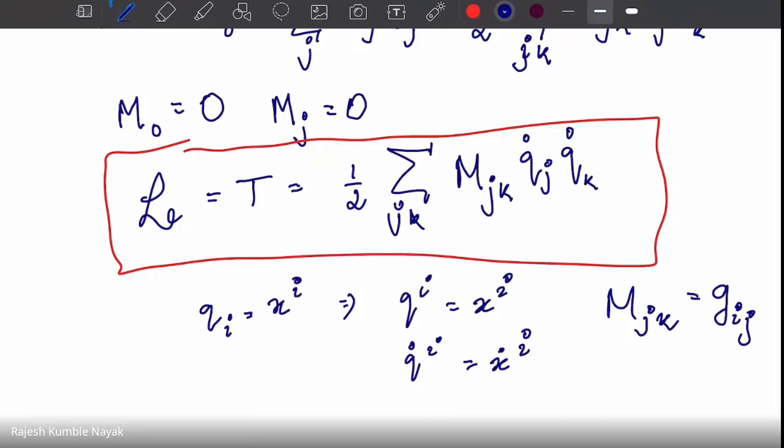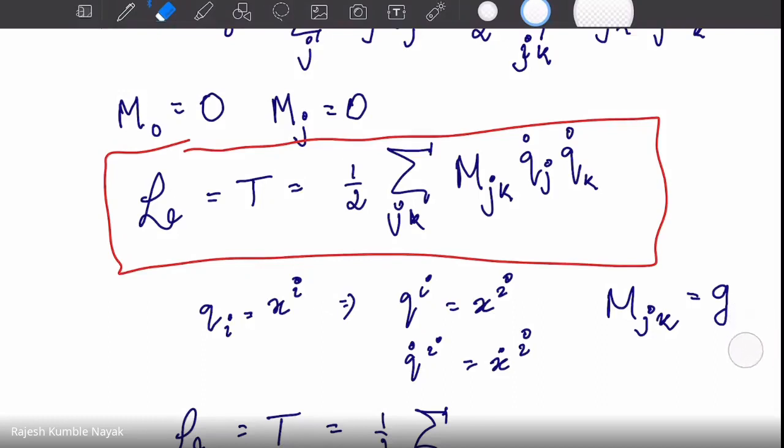So our Lagrangian becomes, sum is also kinetic energy, half sigma ij. It is a dummy index. This is a wrong way of writing, so let me correct it. It should be jk only.